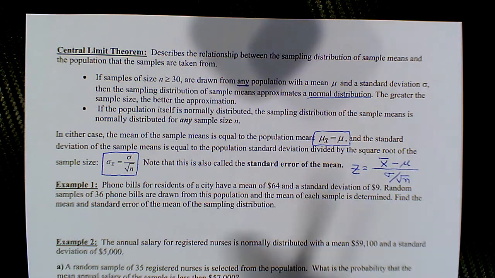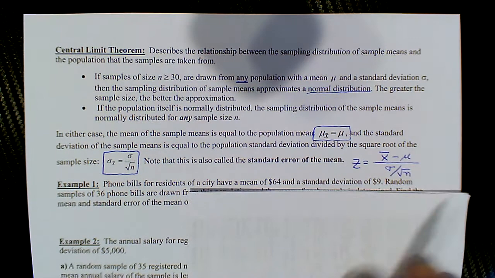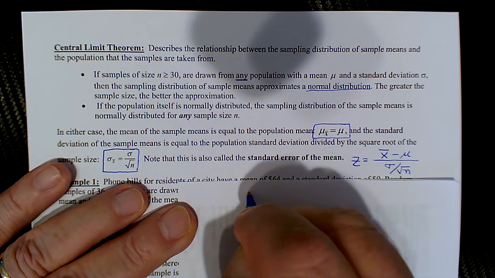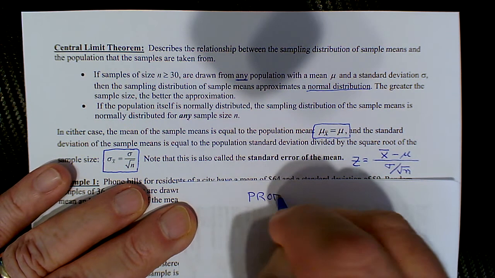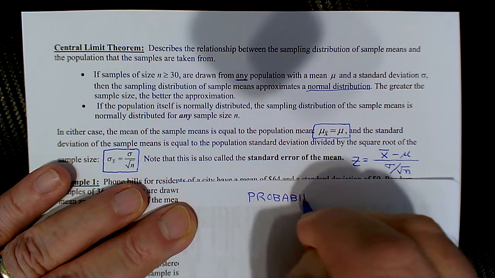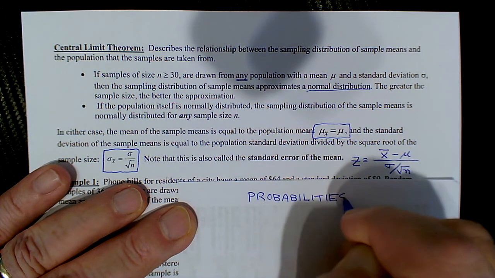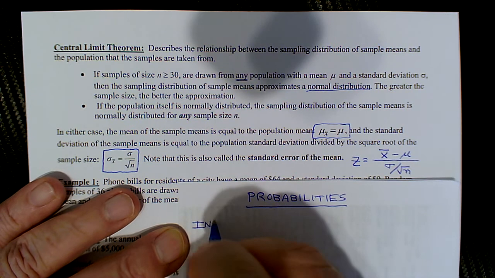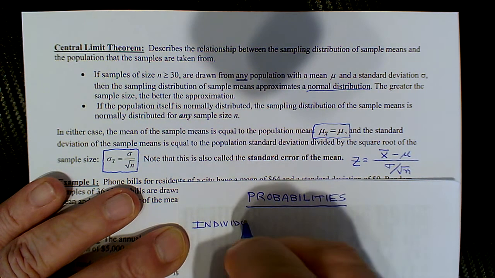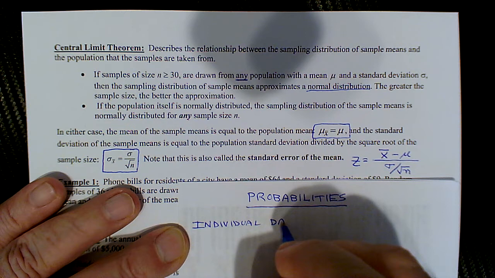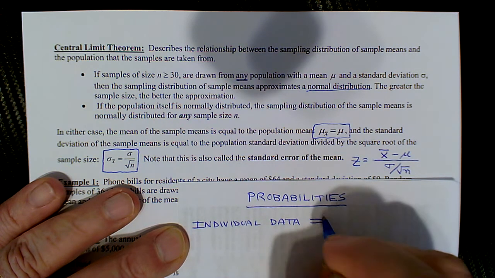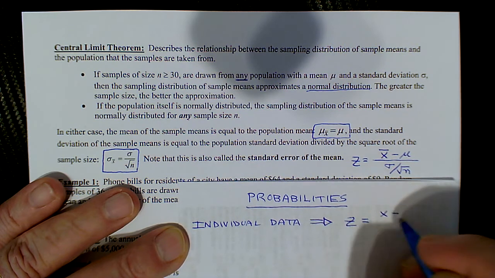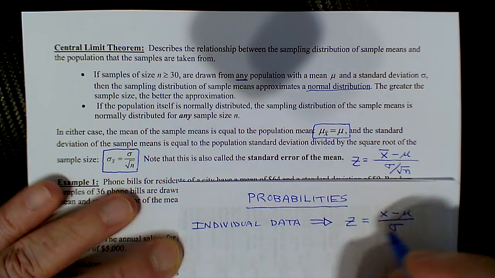Let me break out some scrap paper here and state this for us. The difference is when we want probabilities involving, let's say, individual data, like we've done in the past, we're going to use that standard z-score formula, x minus mu over sigma.